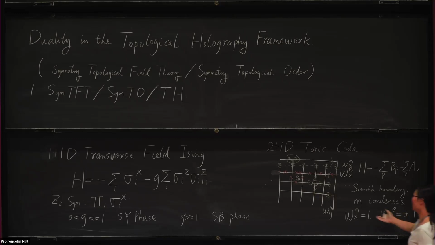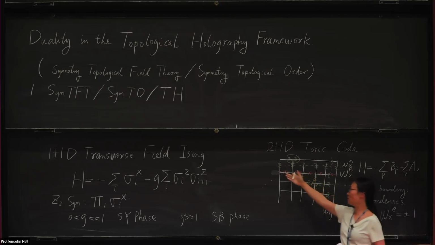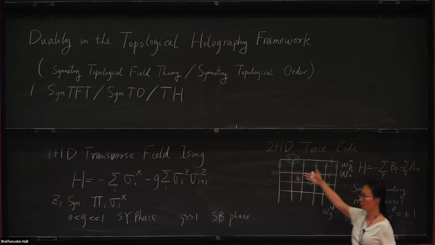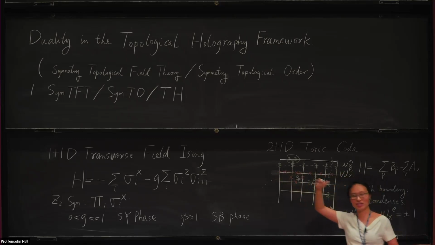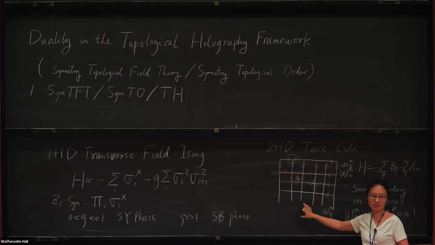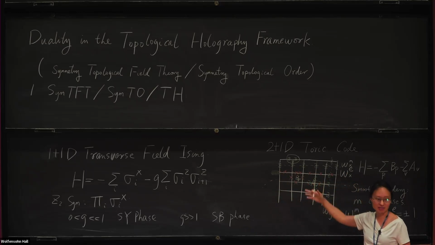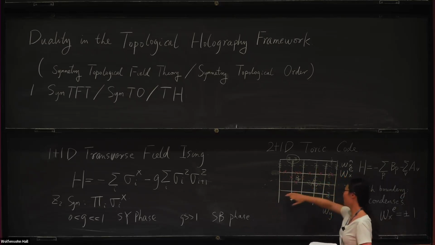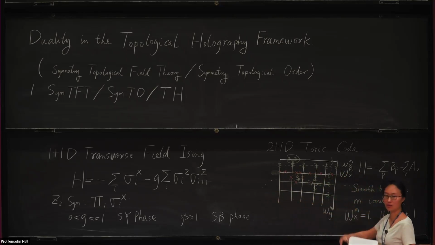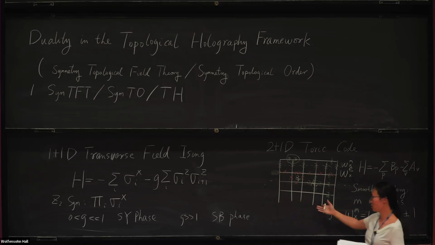And then the nice thing is that because this operator is actually a bulk operator, it floats in the bulk. So whatever term I write on the bottom boundary is going to commute with it, right? Because they're spatially separated. So as long as I write Hamiltonian terms, dynamic terms, only on the lower boundary, all these terms will be automatically Z2 symmetric.